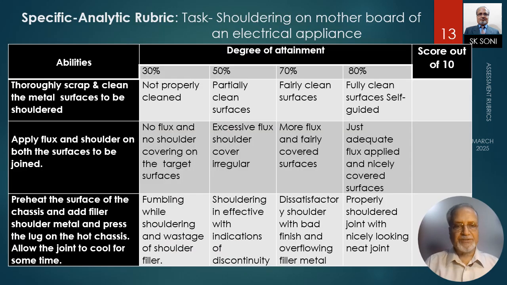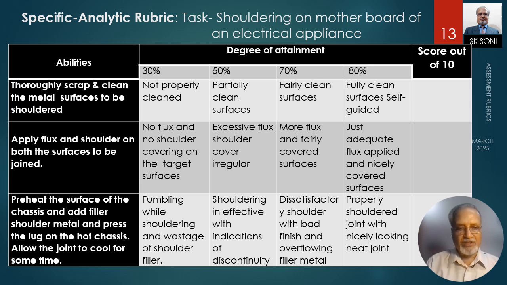Now we shall explain an example of a specific analytic rubric. The task is soldering on the motherboard of an electrical appliance. Abilities or steps, in column 1: thoroughly scrape and clean metal surface to be soldered. Apply flux and solder on both the surfaces to be joined.